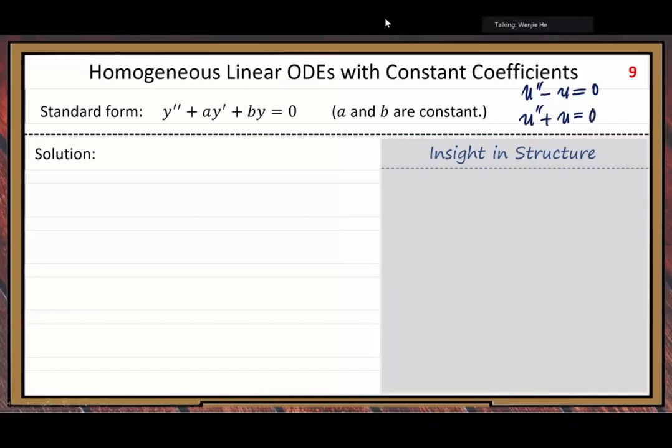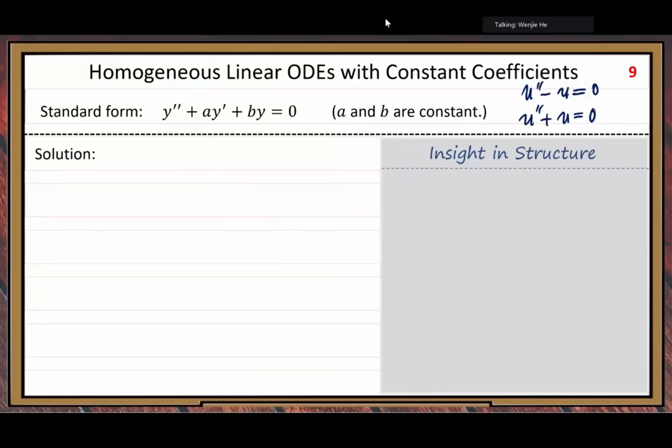I mentioned we need to solve the characteristic equation. With the two roots, we can write out the general solution directly. Now we are at the situation with general A and B, so these two are just special cases.